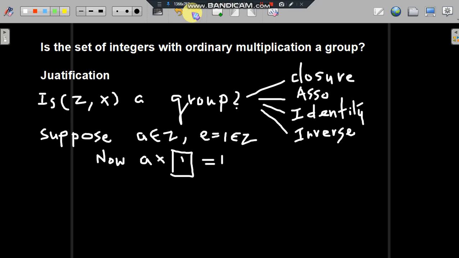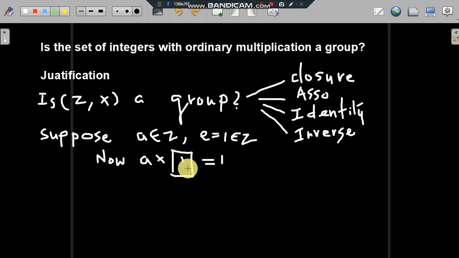This is the condition for inverse. That means for every A there exists a number such that when you operate with that particular number, you get the identity. For all elements A, there must exist some element A dash, so that if you multiply both of them, you must get the identity 1.